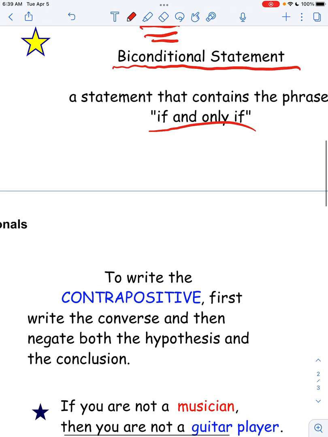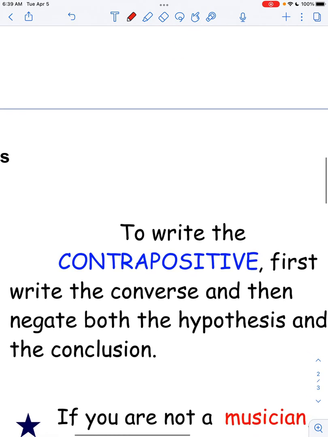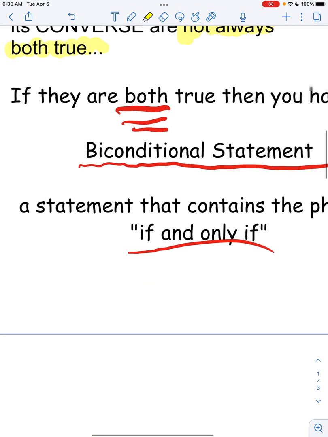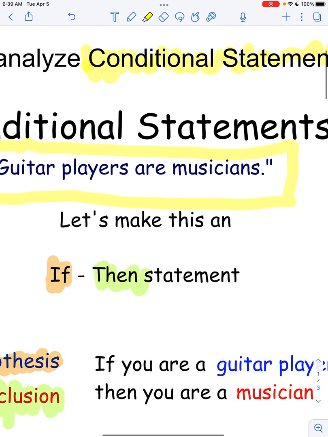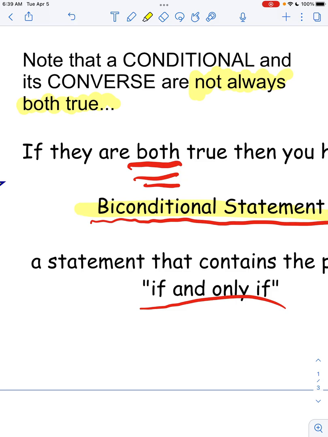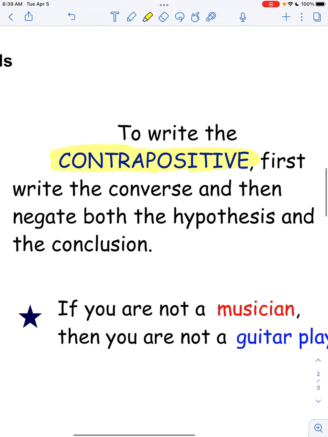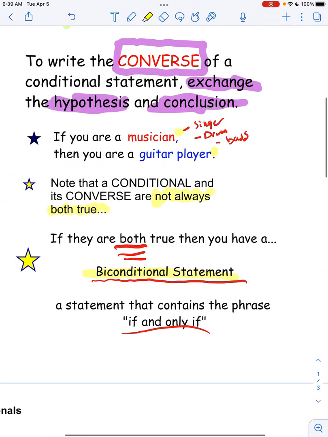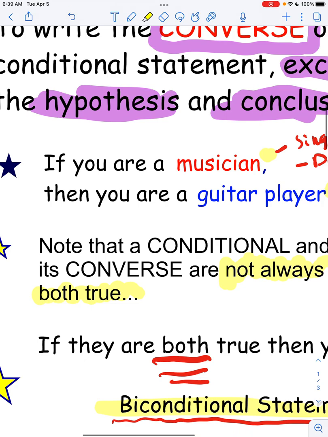So the contrapositive. Again, we have a lot of vocab in this. So make sure that you are writing these down and understanding the differences between the conditional, the converse, the biconditional, and the contrapositive. So to do this, you write the converse, and then you negate, or you say the opposite of, both the hypothesis and the conclusion. So our converse that we found was, if you are a musician, then you are a guitar player.